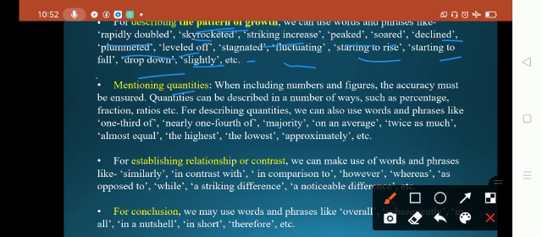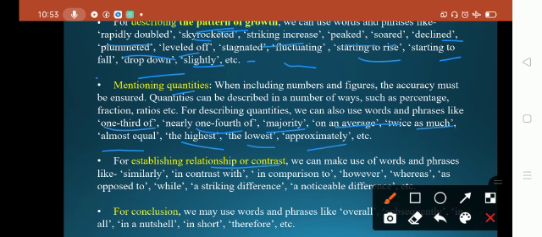Mentioning quantities, so how can you mention quantities? One third of, nearly one fourth of, majority, on an average, twice as much, almost equal, the highest, the lowest, approximately. So you can use these words and phrases. How can you show the relationship or contrast?